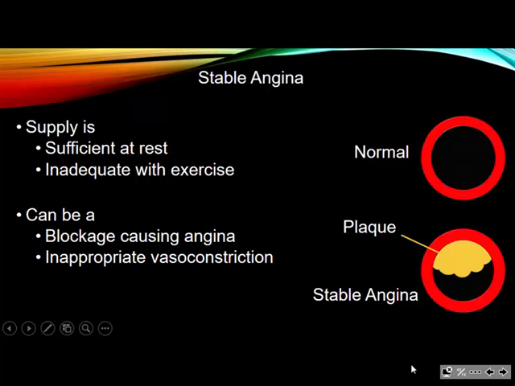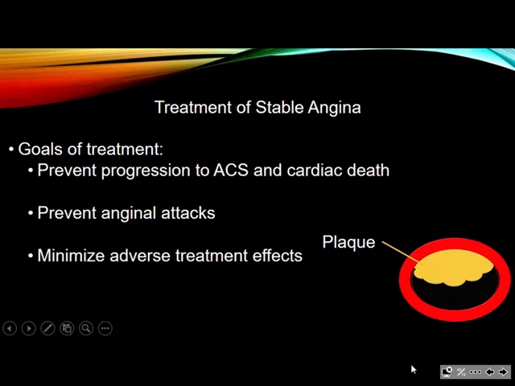All right, so if we move on and compare that to patients with stable angina, their supply is sufficient at rest, so they do have some blood flow through that coronary artery, but when they start to exercise or exert themselves, that's when you start to have chest pain because there's that imbalance of oxygen supply and demand. And it can be due to the blockage as well as some vasoconstriction of that coronary artery.